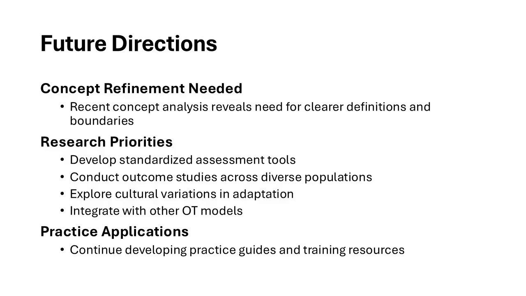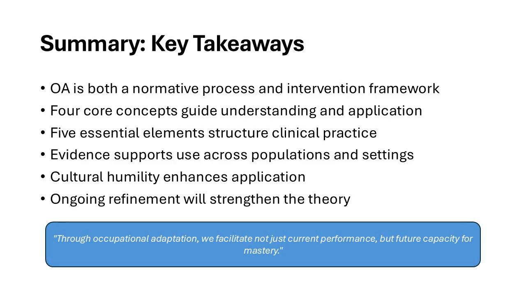What a great overview. It really feels like OA gets to the heart of identity and doing. It really does. So, to quickly recap the big takeaways for everyone, occupational adaptation is this dual thing. It's an internal, natural process, and it's a therapy framework. Right. It works through 4 key concepts, with that press for mastery really driving the whole adaptation engine. Yep, the desire meeting the demand.